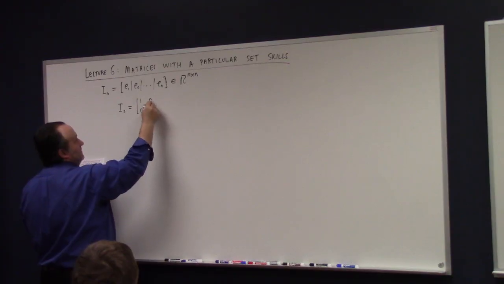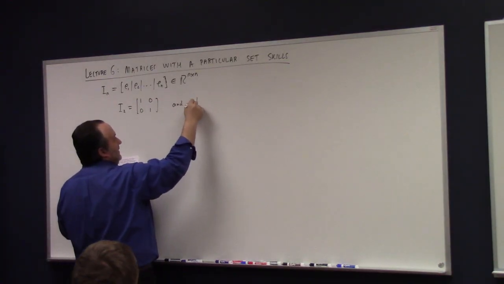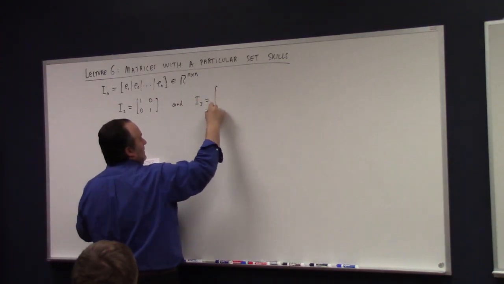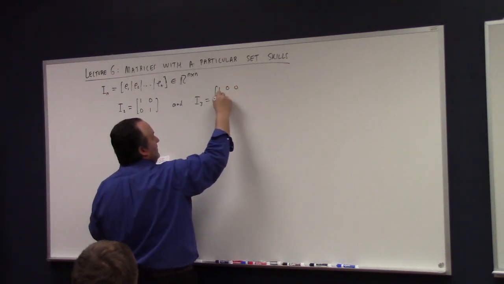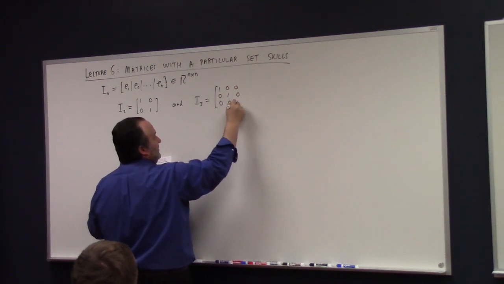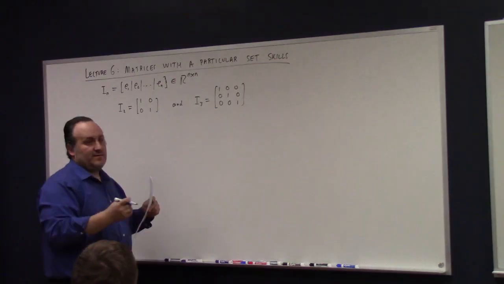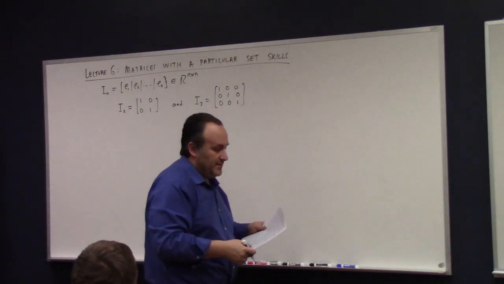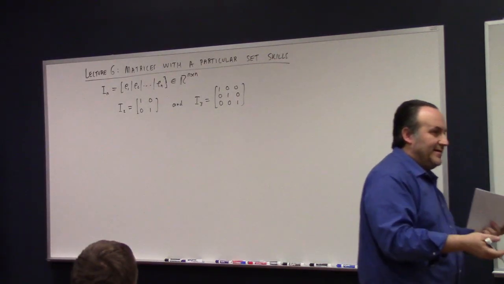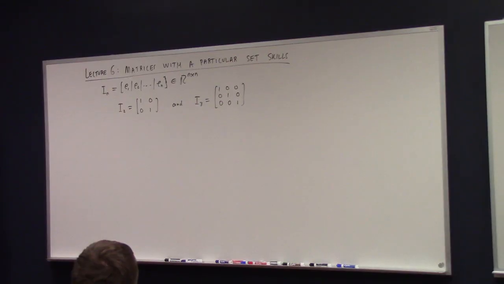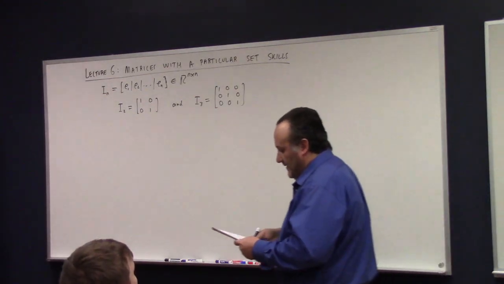It's 1, 0, 0, 1. And I_3 is 1, 0, 0, 0, 1, 0, 0, 0, 1, right? These are all identity matrices, right? So, and generically speaking, if I just write I like that in this course, it's understood to be the identity matrix of the appropriate size for the formula to make sense, right? It's like I don't always write the subscript n on the identity matrix.